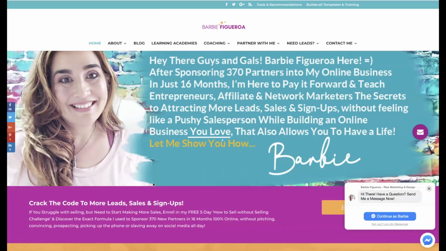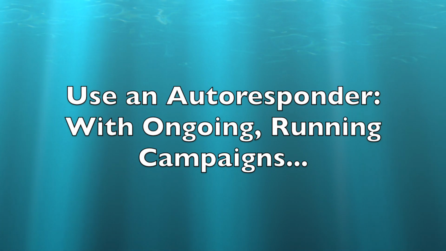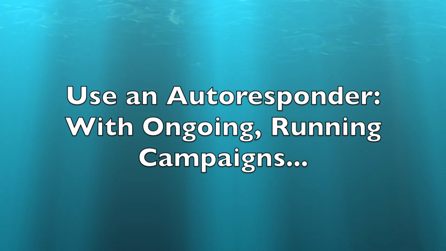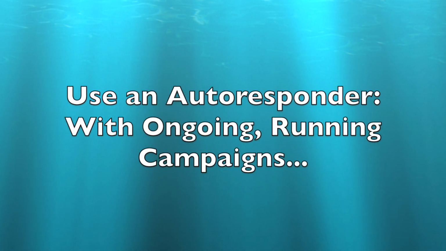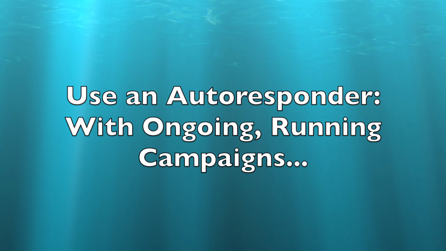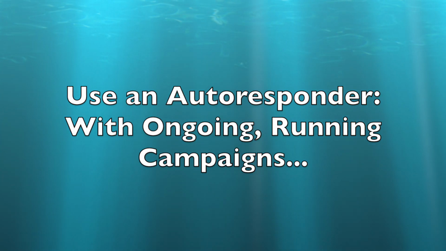So when do you want to use an autoresponder over a broadcast? Well, an autoresponder is what you want to use when you have a campaign that is running. So for example, if I have a campaign for a specific product or an ongoing boot camp that just doesn't end. It doesn't have a specific end date, or it doesn't have a specific closing date. It's just like an ongoing marketing campaign.